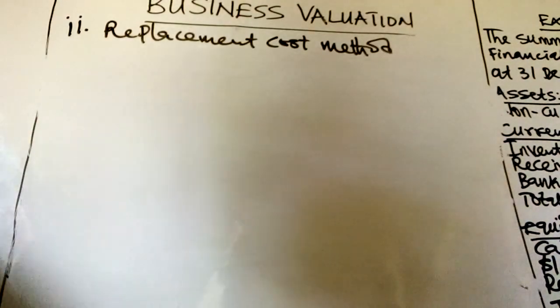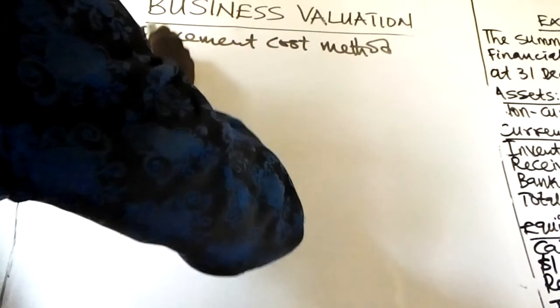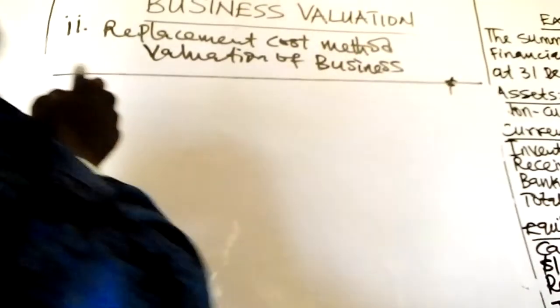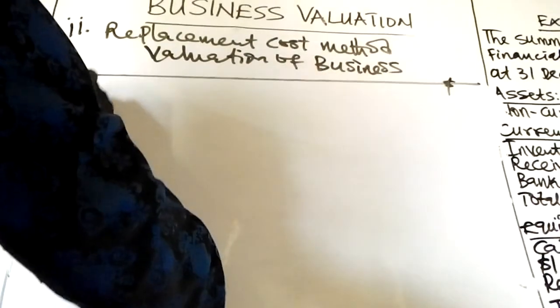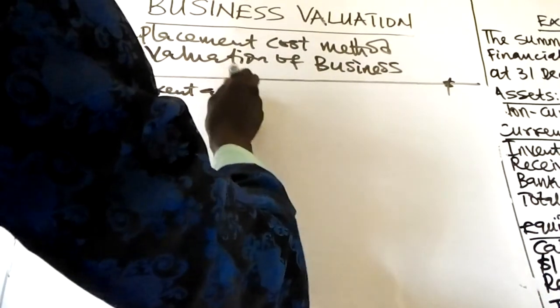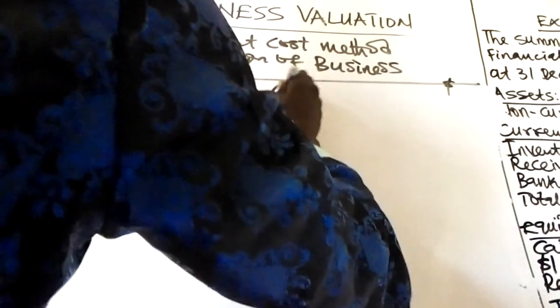So under this method, valuation of business using replacement cost. You start with non-current assets at their replacement price.